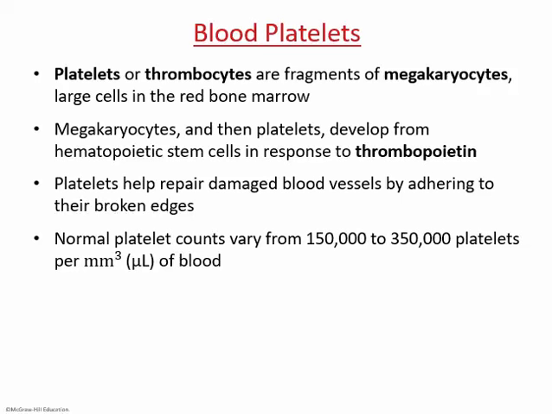Mega means large, karyo means body, cytes cells, large body cells. Like these cells have a large amount of cytoplasm. The megakaryocytes are made by a hormone called thrombopoietin, right? And we normally have lots of them circulating.